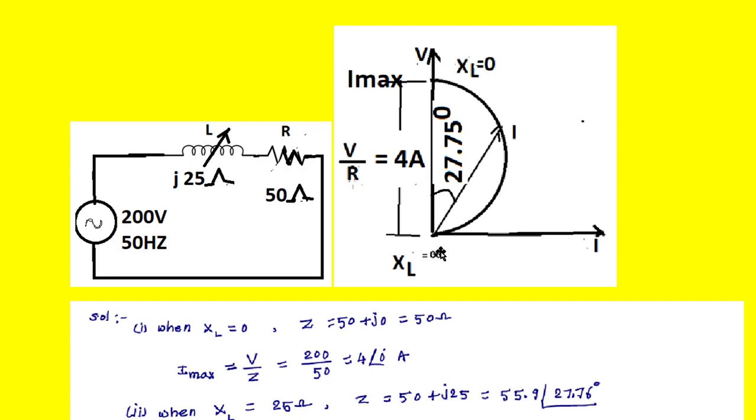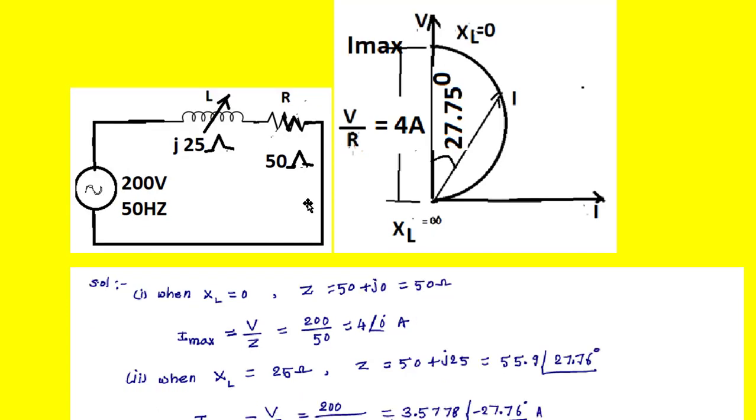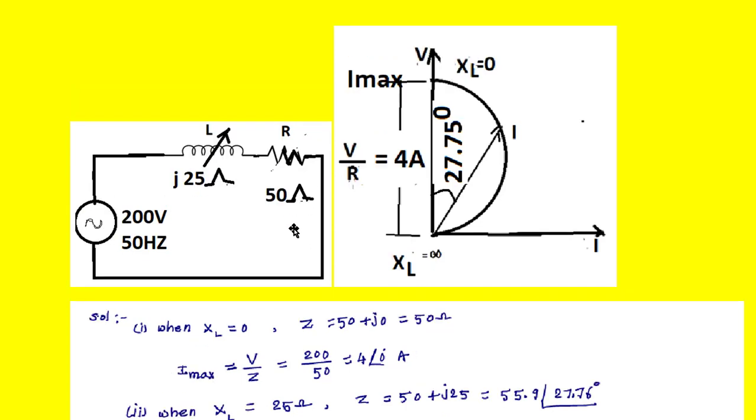Both are in phase, and that too it will be the maximum value. Further, we obtained the minimum current, which we can draw like this with respect to the voltage vector.